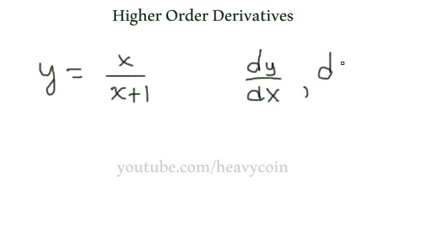But if I said we need to find d2y over dx squared, this is the notation for the second derivative, just using different notation here. Then this right here is going to be the second derivative, right? We want to find the second derivative.